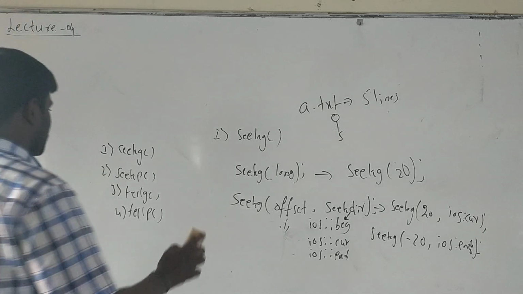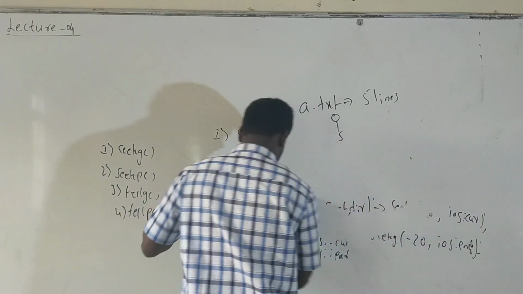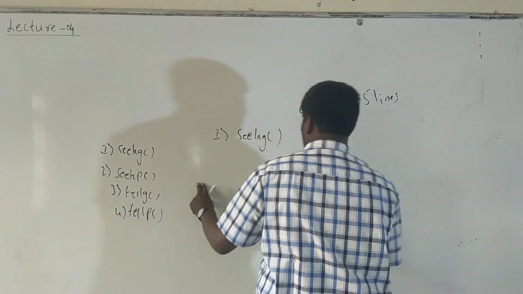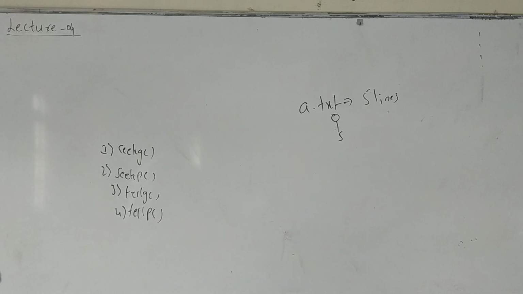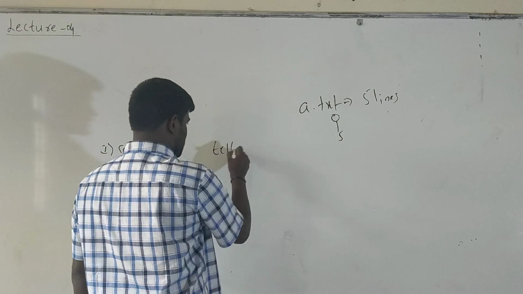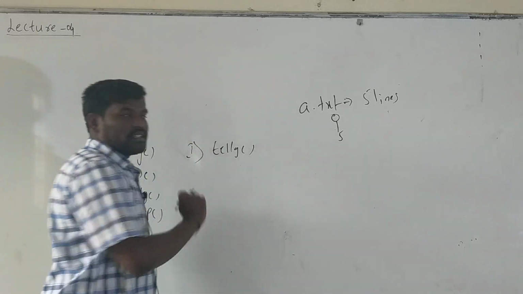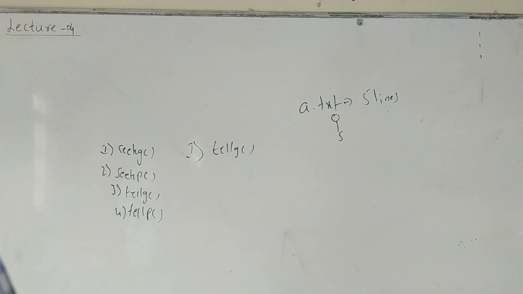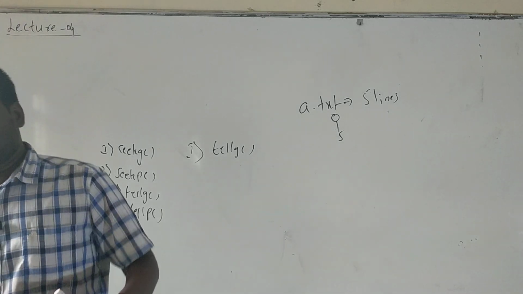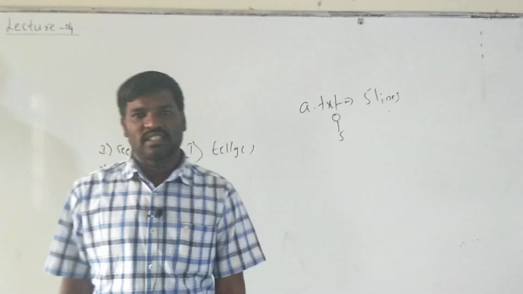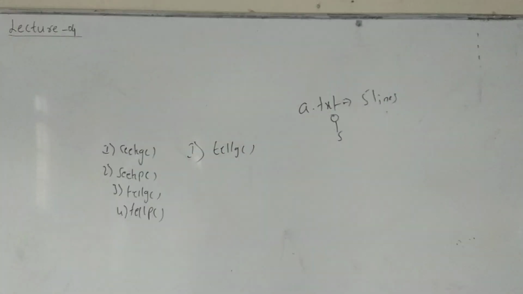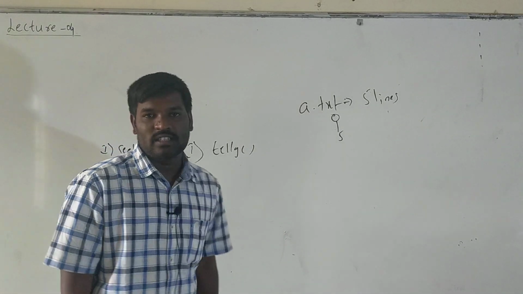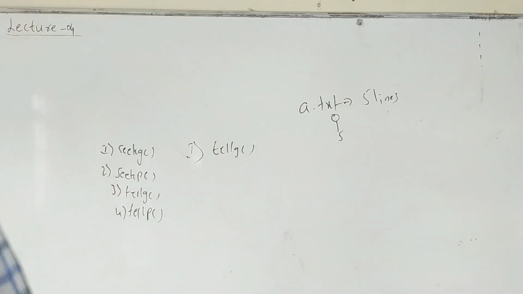Next is tellg, a member function. Tellg is an ifstream class member function, and the purpose of the function is to return the current position of the get pointer.